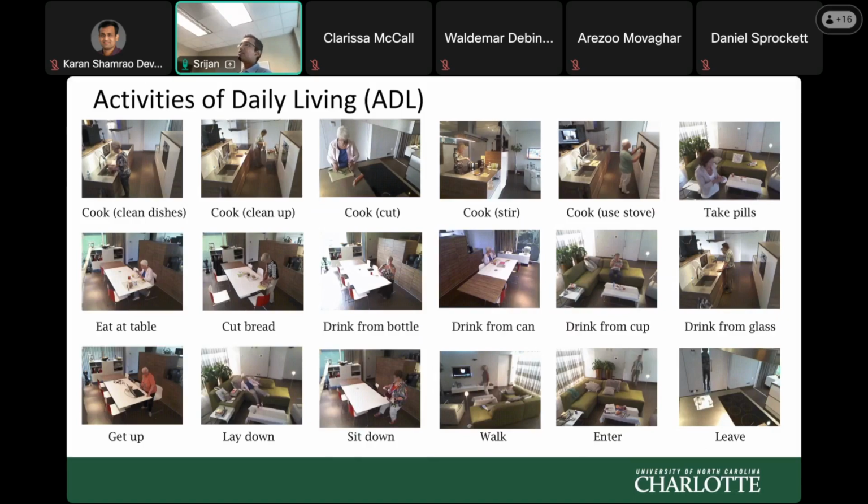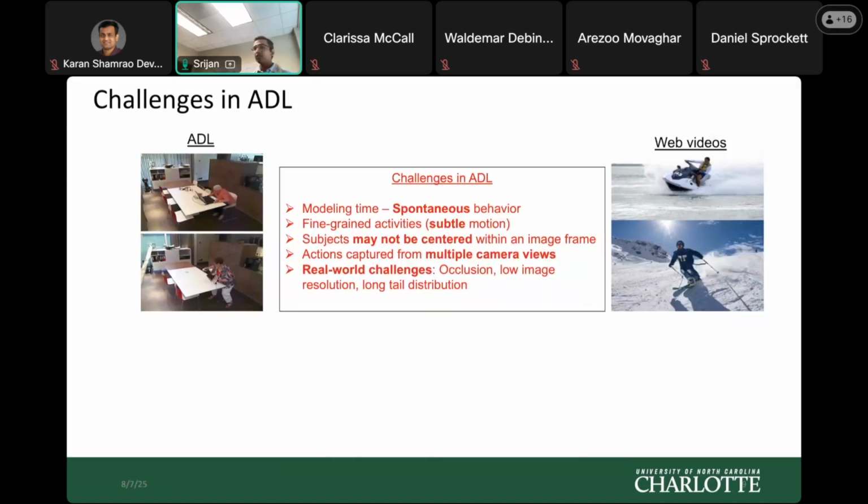The reason is that most action recognition or video understanding models are trained on internet videos. In internet videos, a cameraman makes sure that the subject is always at the center of the video, which is not the case in our scenarios, where the monitoring cameras cannot make sure that the subject is always at the center of the frame.